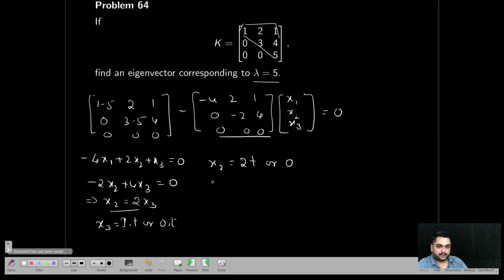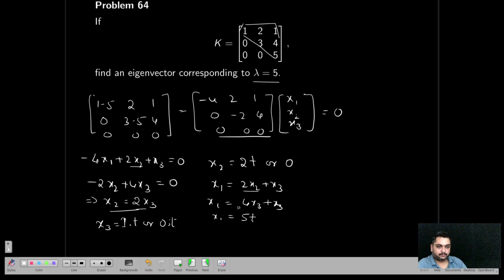Now, what will be x1? x1 will be, so this is 2x2 plus x3. So x1 is 2x2 means 2x3, that is 4x3 plus x3. So x1 equal to 5x3. What is x3? t.